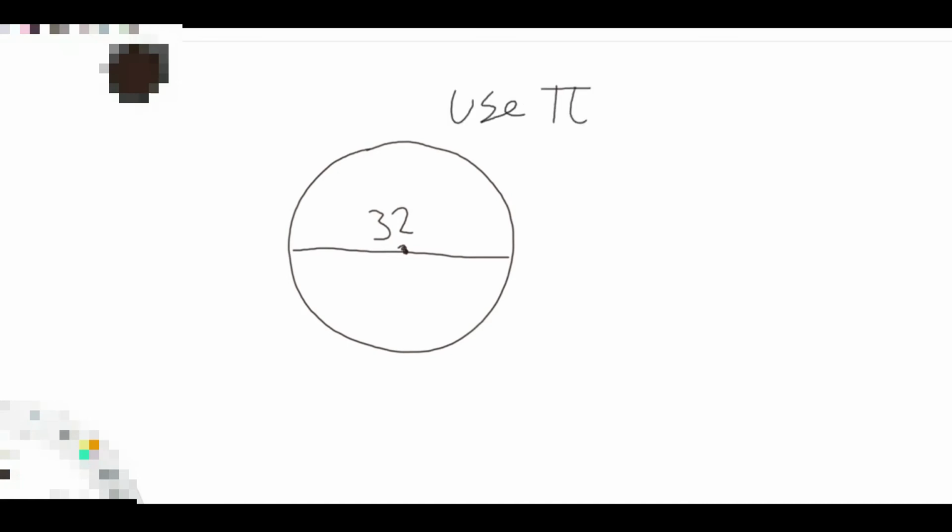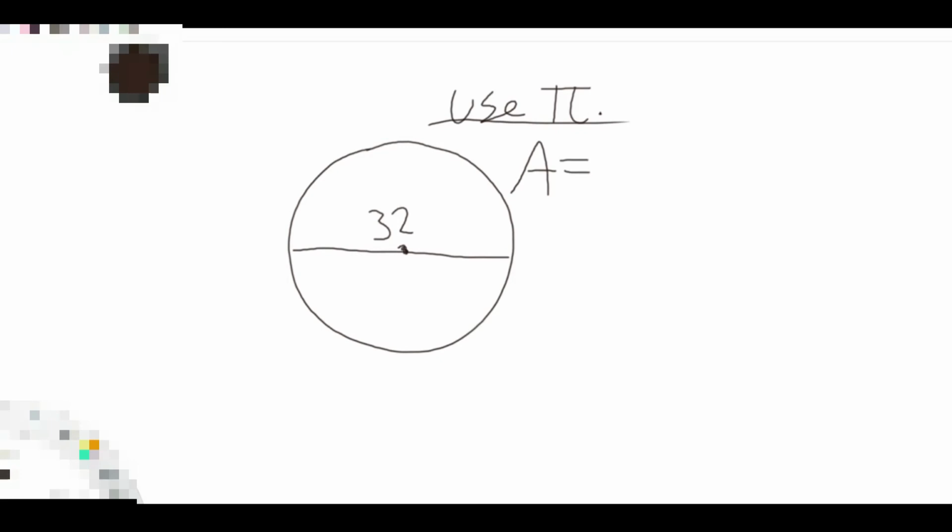Okay, so now let's solve. It says to use pi for solving this. It's pretty simple. Like in the last video on circumference of a circle, it's sort of similar. Once again, for viewers who didn't see the last video, I highly suggest it. So first let's use the formula.